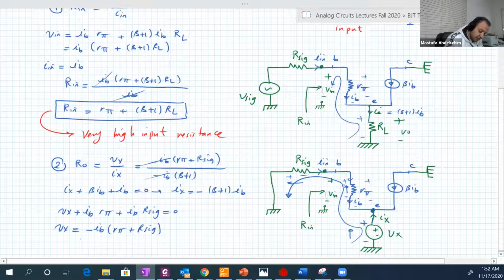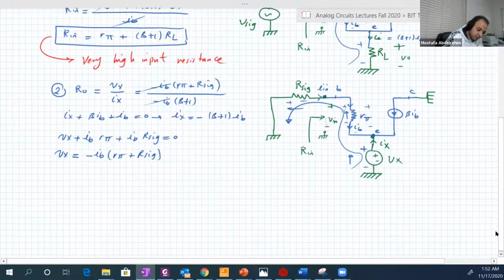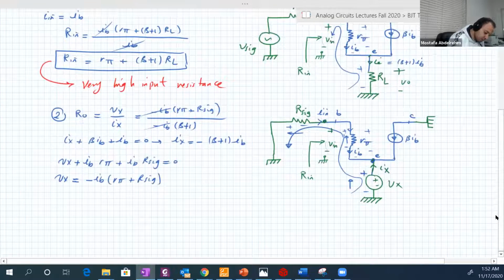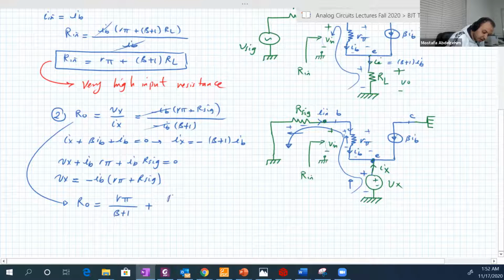We end up with RO equal to R pi over (beta plus 1) plus R signal over (beta plus 1). Okay, good. Or we can just leave it like this.